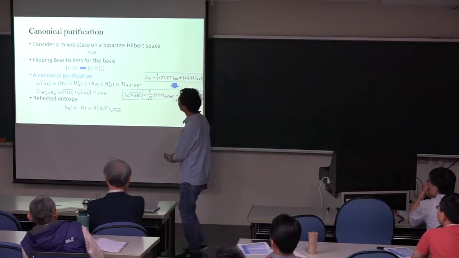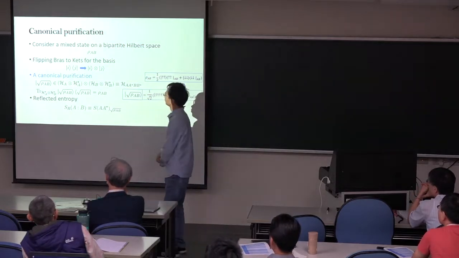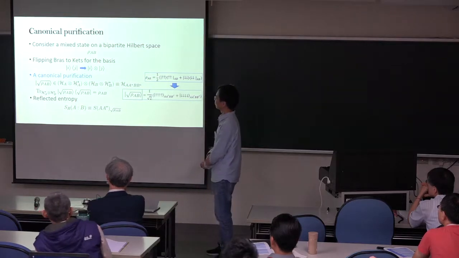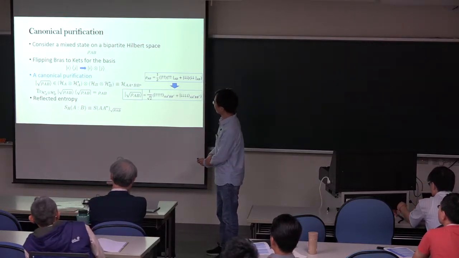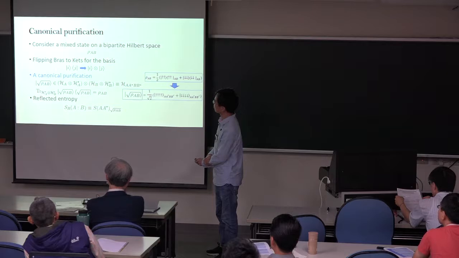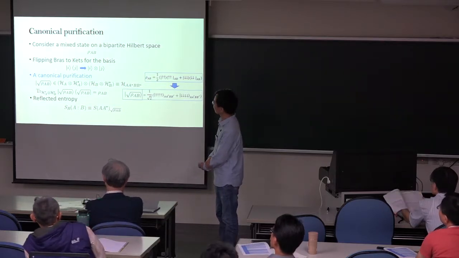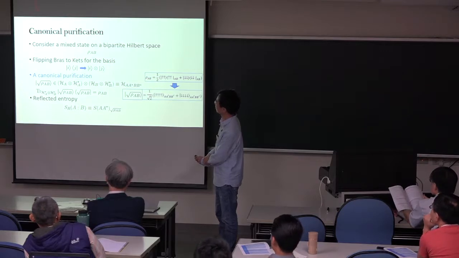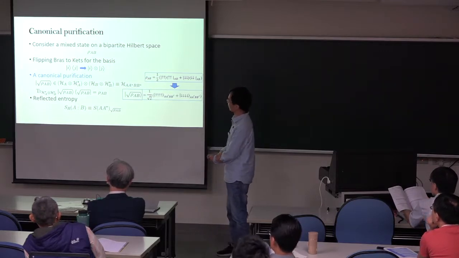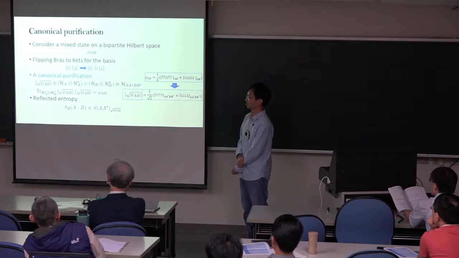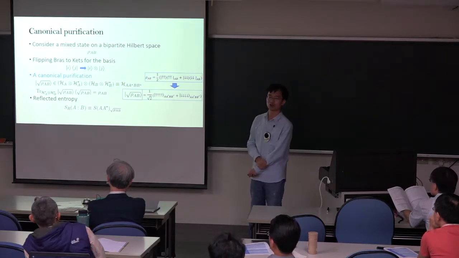But you can flip this bra to a ket, while maintaining the coefficient in front. Then by force you get a pure state with a similar coefficient to the previous mixed state. That's the idea of the canonical purification.